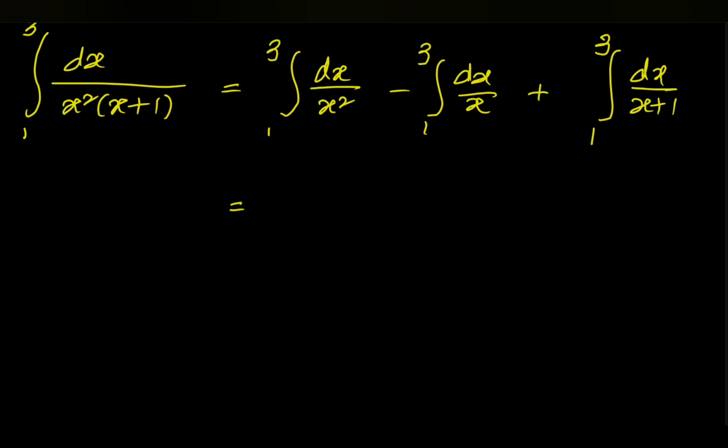We will have x power minus 2, whose integral is minus of 1 by x by the power rule. Integral of 1 by x is log x, by default to base e.